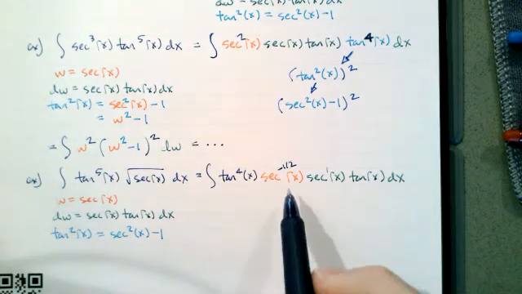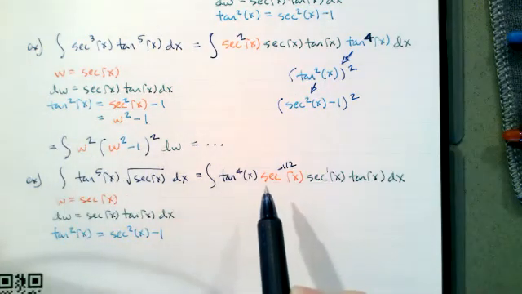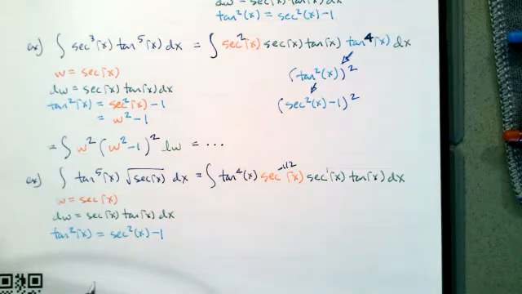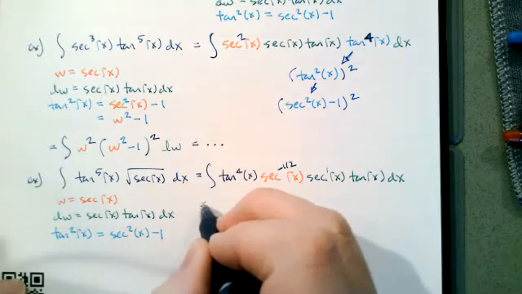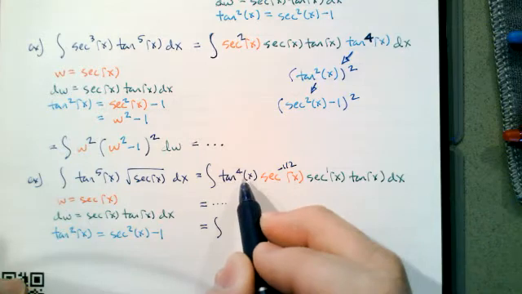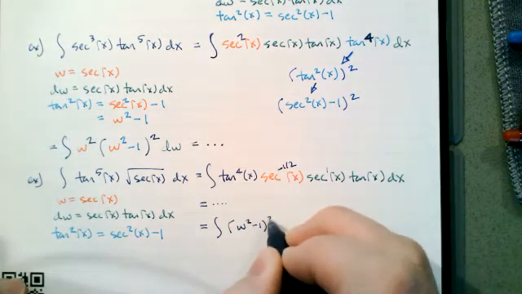And since we're aiming for not quite a polynomial, but this will still result in a bunch of powers of w. So you do some stuff in the middle, and you're integrating tangent to the 4th is going to end up looking like w squared minus 1 squared.